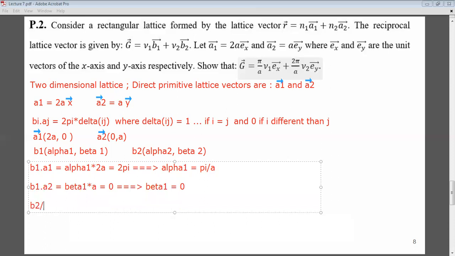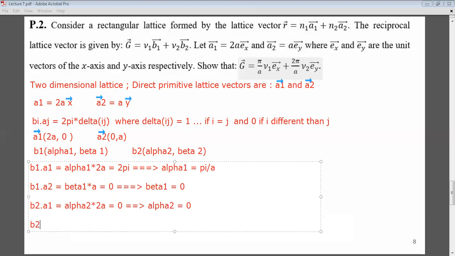B2 dot A1. So it is alpha 2 times 2A plus beta 2 times 0, so plus nothing. And this is equal to 0, again, because I and J are different. So this implies alpha 2 is equal to 0.